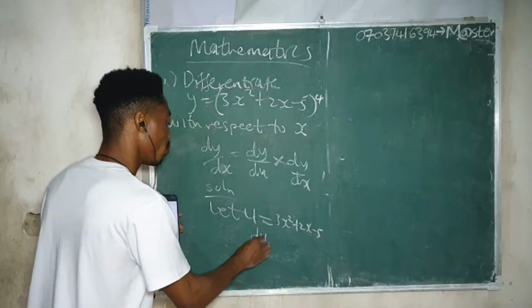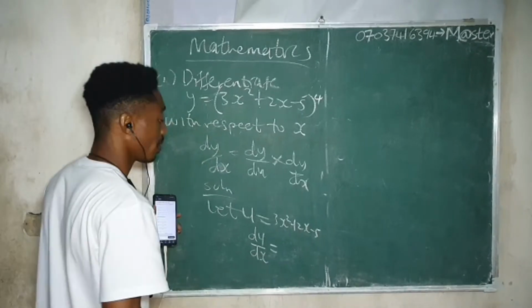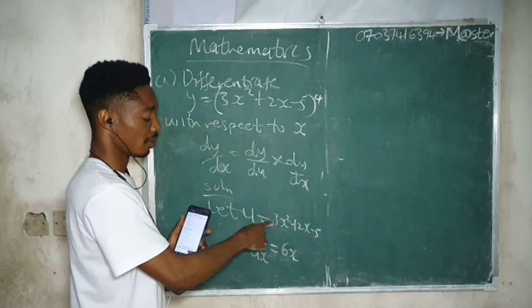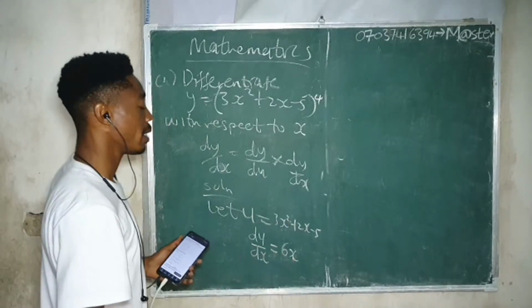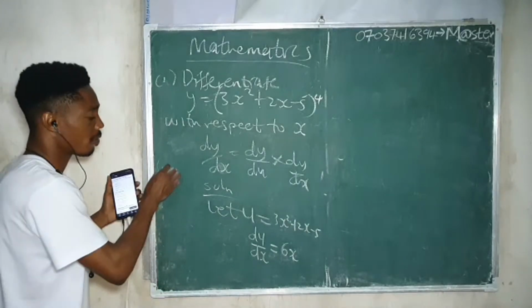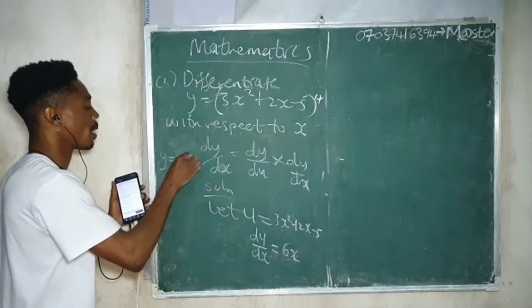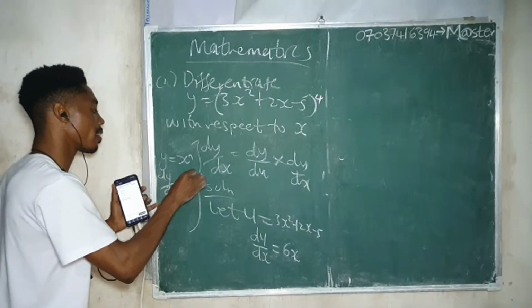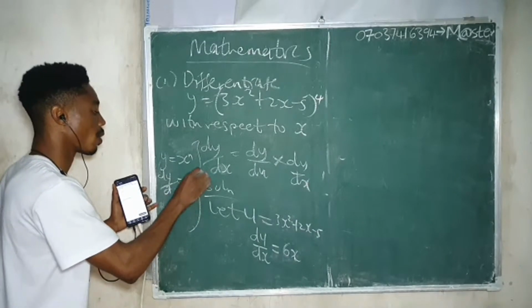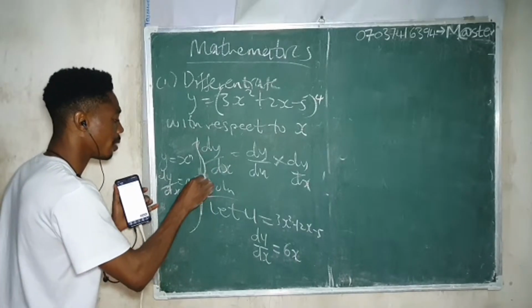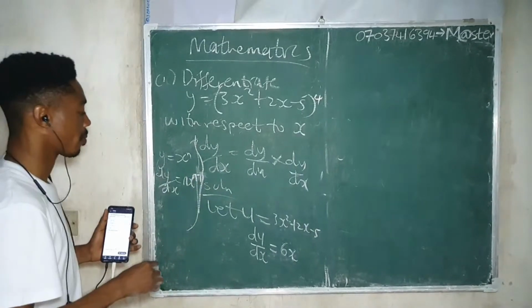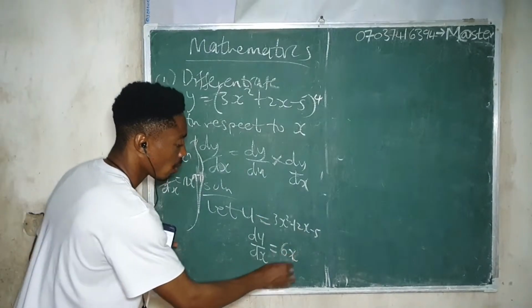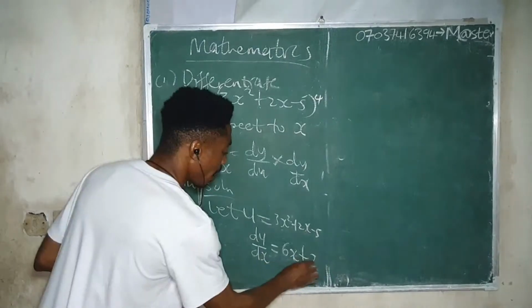So du/dx gives me 6x plus 2. Meanwhile, the general form of the differential formula: if y is equals to x raised to power n, dy/dx is nx raised to power n minus 1. So 2 times 3 is 6, 2 minus 1 is 1, and differentiating 2x, I have 2.